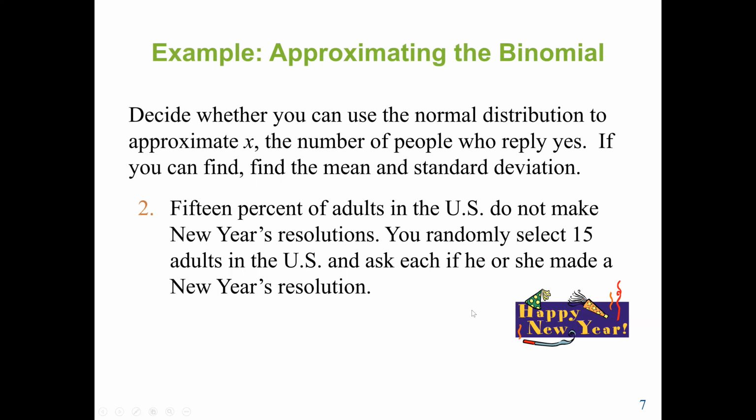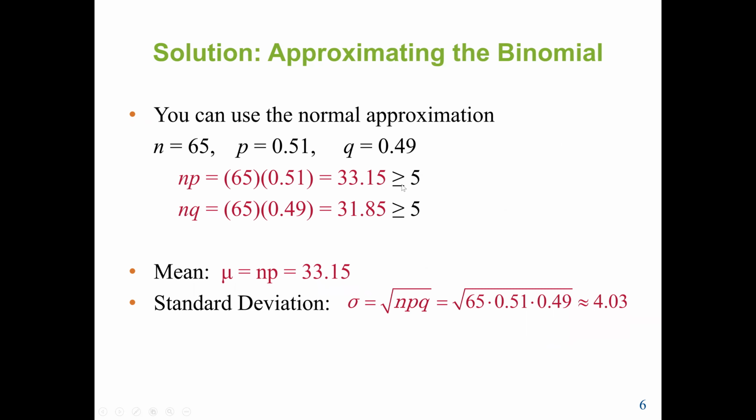Since NP and NQ are both greater than 5, we can say it can be normally approximated. But again, looking at the graph, everything also depends on the sample size, because as the sample size increases, the histogram converges to a normal curve.